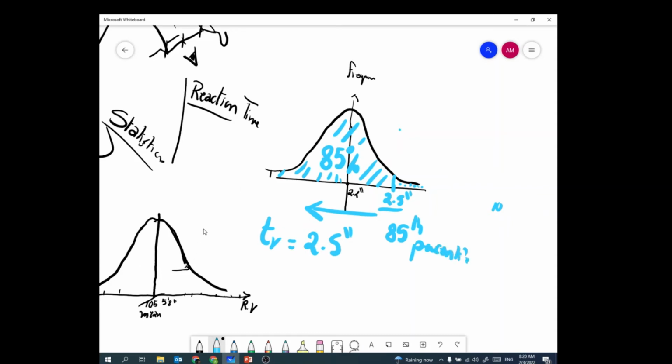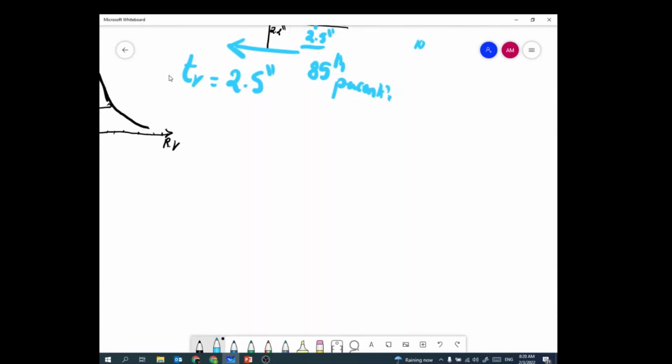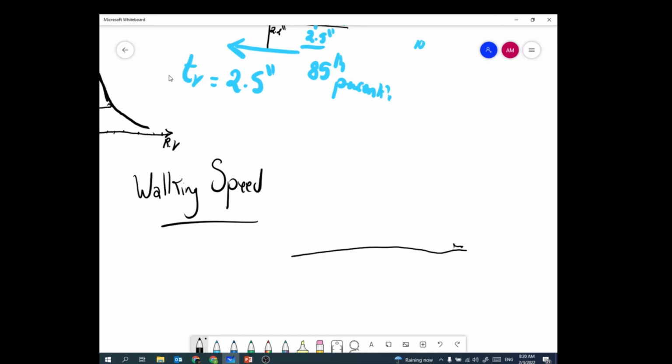Another factor we're going to use also when we talk about pedestrians is walking speed. So what about walking speed? Well, it's also a random variable. So let's say that the average walking speed is 3.5 feet per second.